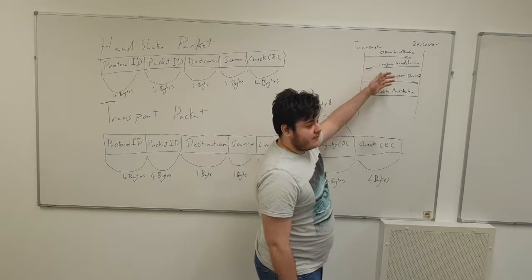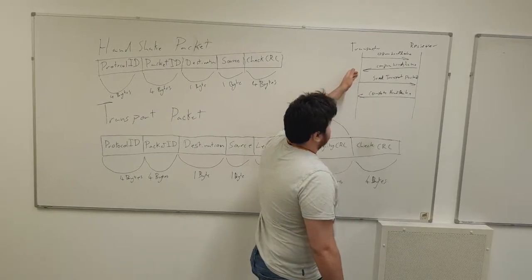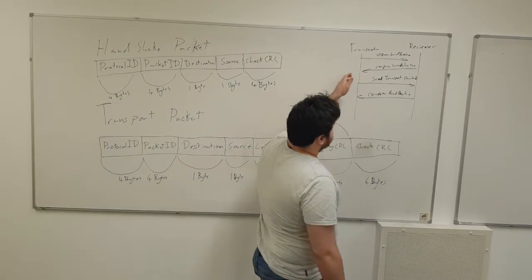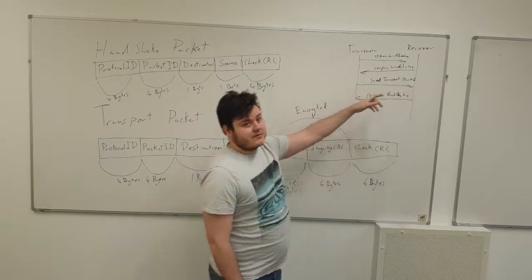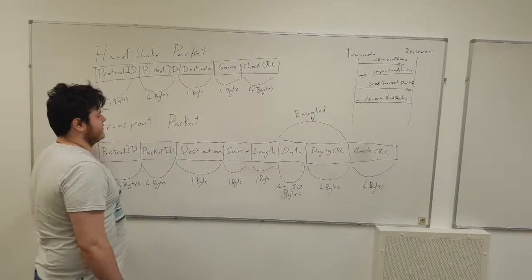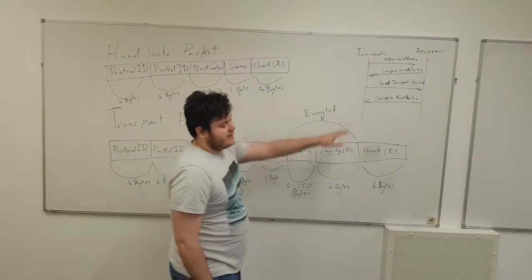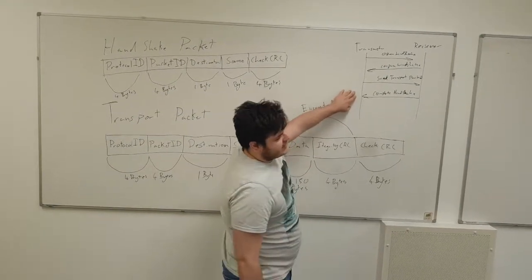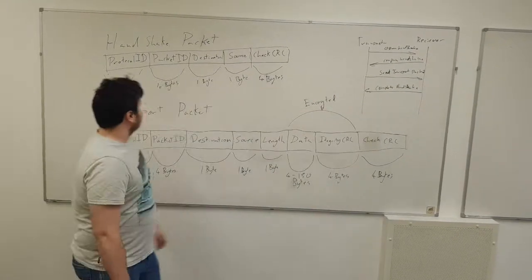The receiver can then confirm that they are there. The transmitter is then clear to send the actual data in the transport packet, and then the receiver will complete the handshake and close the connection.